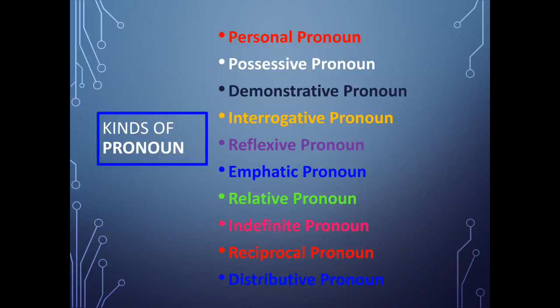Kinds of pronoun. There are 10 kinds of pronoun: personal pronoun, possessive pronoun, demonstrative pronoun, interrogative pronoun, reflexive pronoun, emphatic pronoun, relative pronoun, indefinite pronoun, reciprocal pronoun, and distributive pronoun.